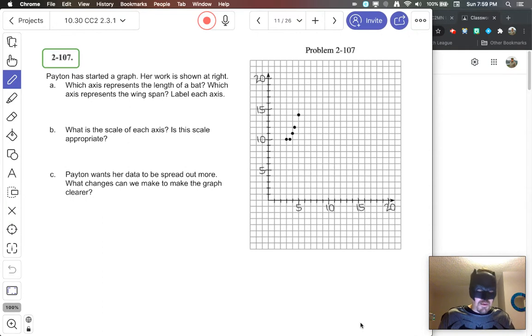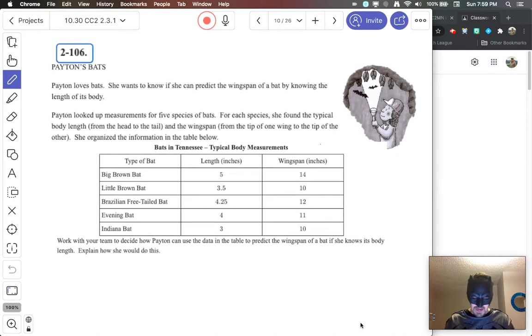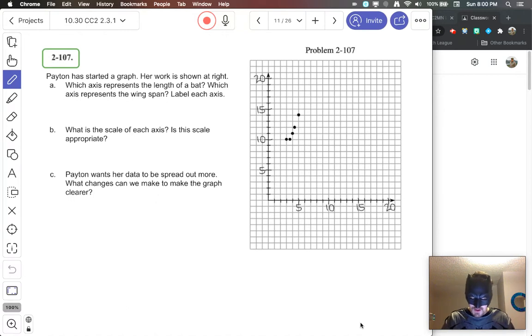So Peyton has started a graph. Her work is shown at the right. Which axis represents the length of the bat? All right, so the length of the bat, if we go back one slide, notice these values right here are the lengths. Notice all of the lengths currently are between 3 and 5 inches. So the values are currently between the 3 and the 5 inches along the x-axis.